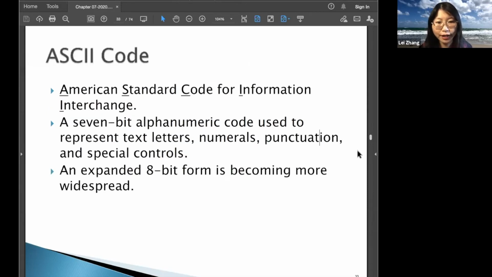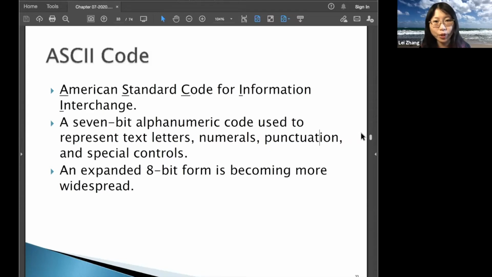So for ASCII code, this is not a new concept. ASCII is short for American Standard Code for Information Interchange. We know it's 8-bit, so in total we have 256 different combinations. This is the extended, widespread expanded ASCII code.